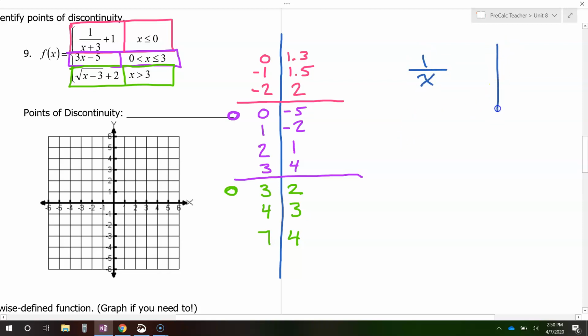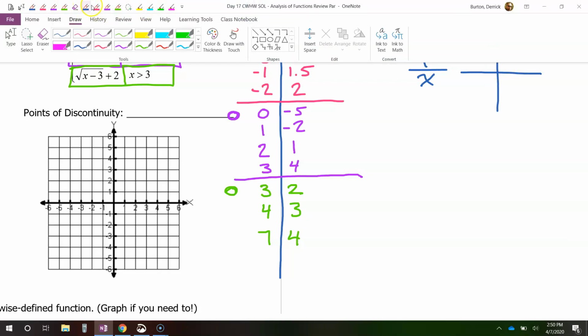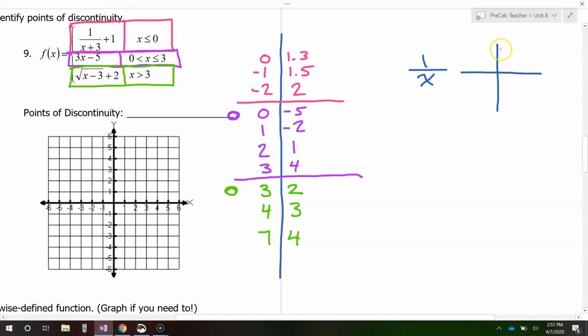And we have memorized, really, that the parent function has the following look to it. There's going to be a branch here, and there's going to be a branch here. All right, we've memorized the basic look of all the parent functions, and this is one of them. Notice there's a vertical asymptote and a horizontal asymptote.